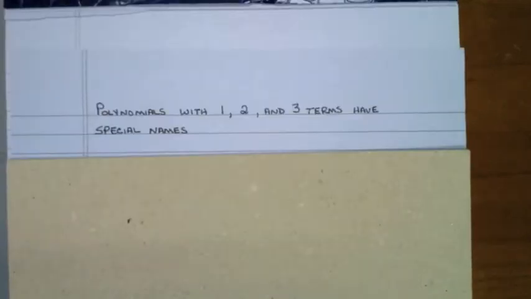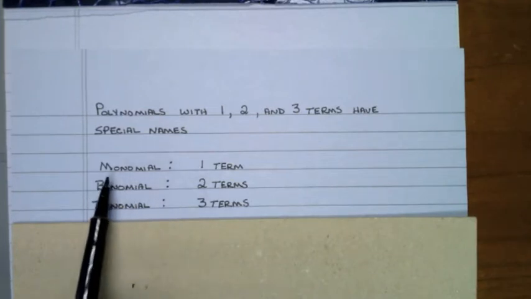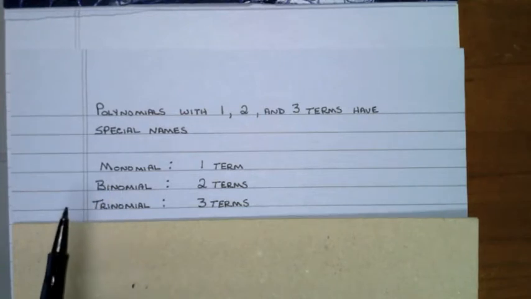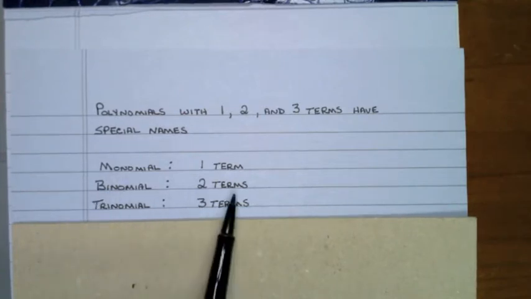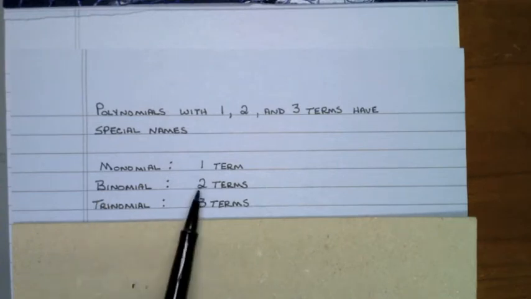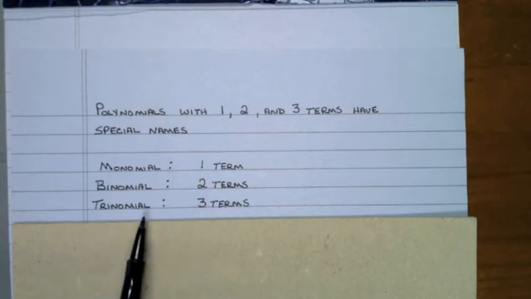Polynomials with 1, 2, and 3 terms have special names. These are the only ones that have special names. If it has one term, it's called a monomial because the prefix mono means 1. Just like something that has 2 terms, a polynomial that has 2 terms is a binomial because bi means 2. Tri means 3. That means a trinomial has 3 terms.